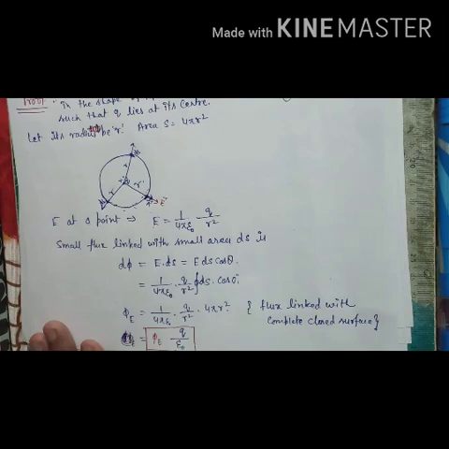Now Gauss theorem depends upon the inverse square law. Why? Because in Coulomb's law, which we studied, it depends on the inverse square law.